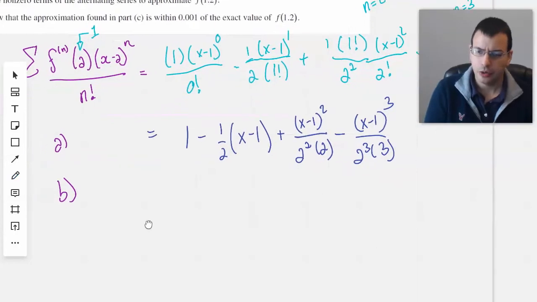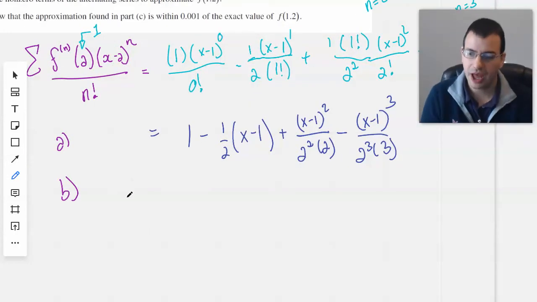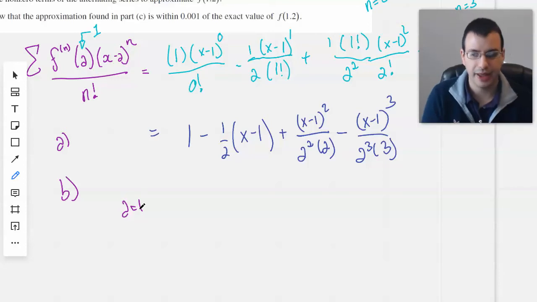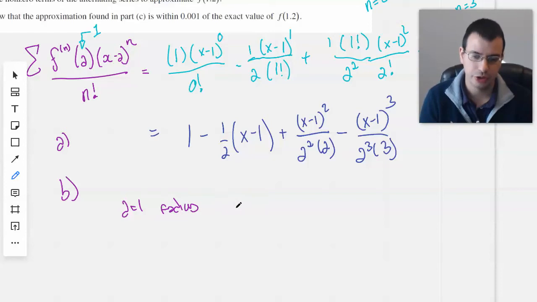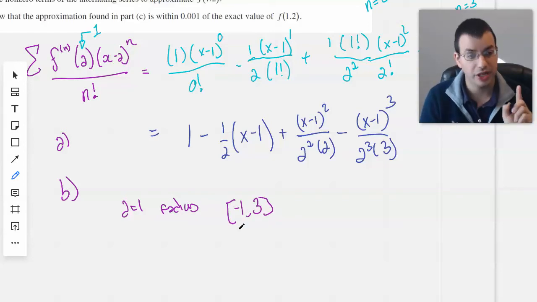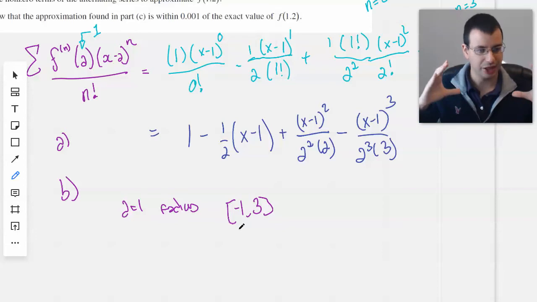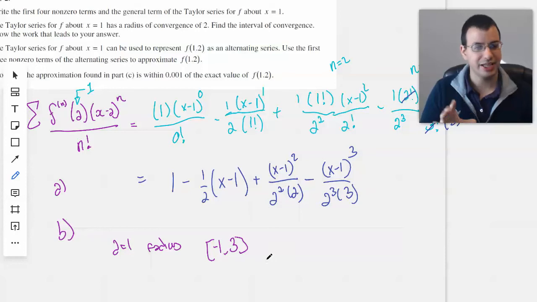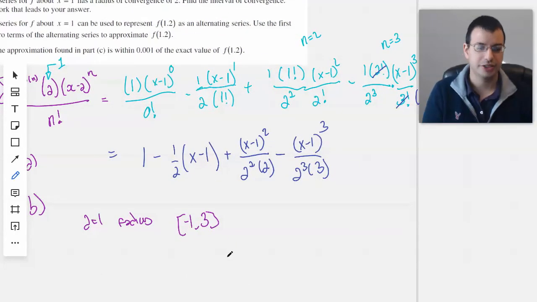Okay, so we are finding this Taylor polynomial about a equals 1 with a radius of 2. So it means we're going to go from negative 1 to 3, and it'll work within those points, but we don't know if it'll work at the endpoints. And so we want to test the endpoints to see if those work or not.